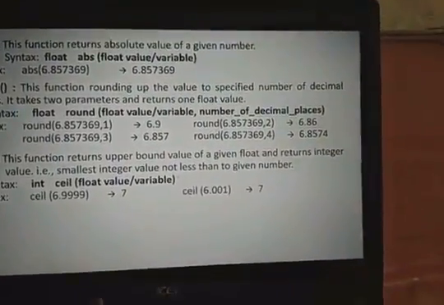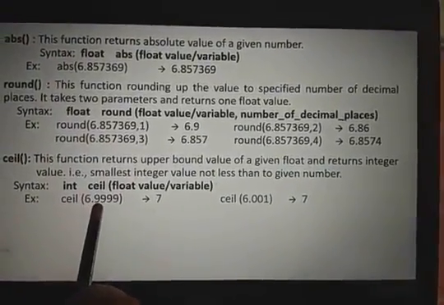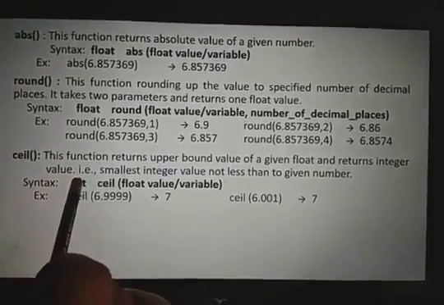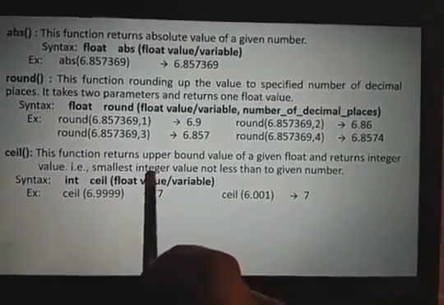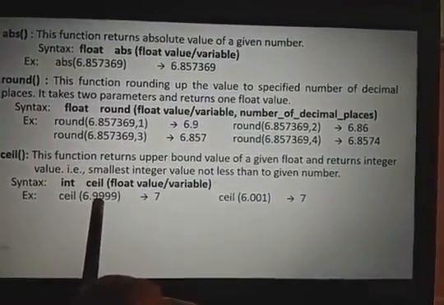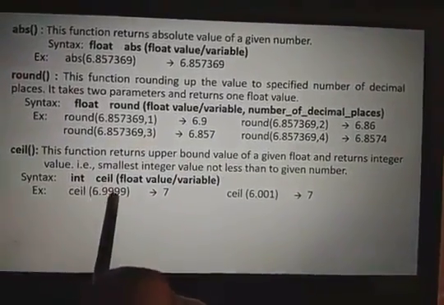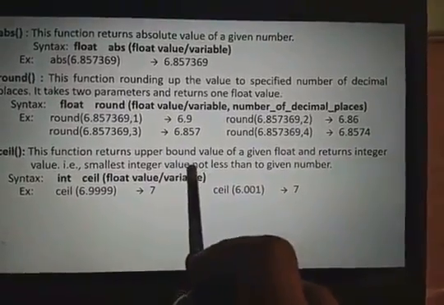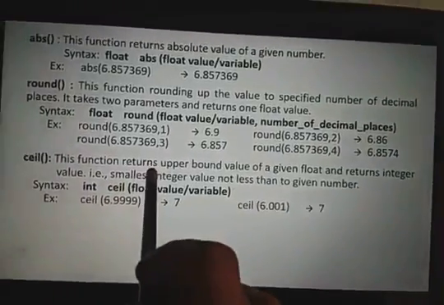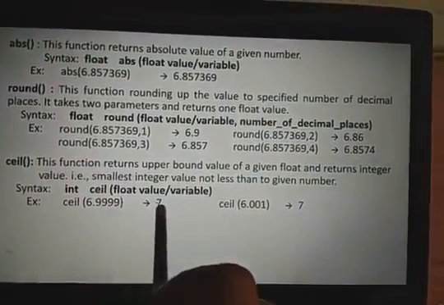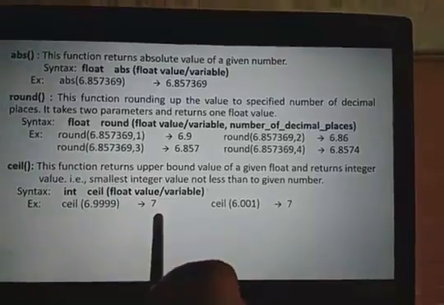It takes one float value and converts it to the next integer, but it should be greater than the given number, not less. For 6.999, the integer 6 is less than it, so we get the one that is not less than the given number. It should be greater than this, which means 7. The next immediate integer is called the ceil value.